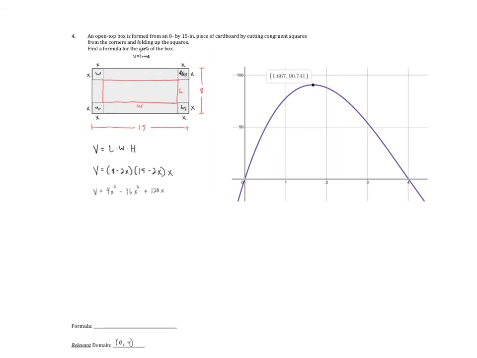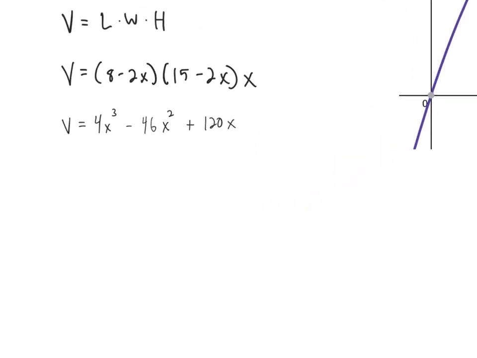There's a lot more to this graph, but we can only pay attention to this part, because this function doesn't apply when x is greater than 4 or when x is less than 0, because we have this real world situation. Okay, so let's take the derivative and see what the critical points are.